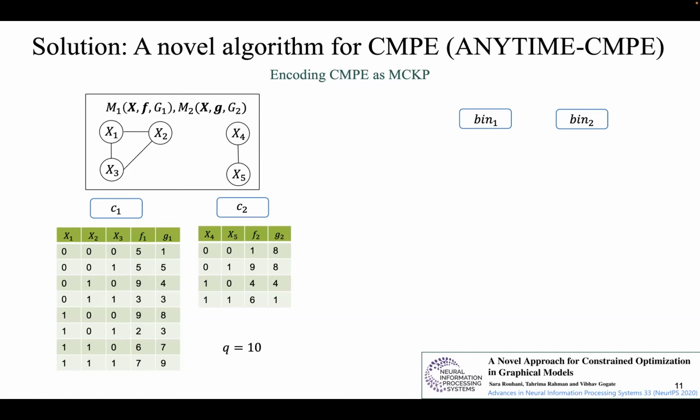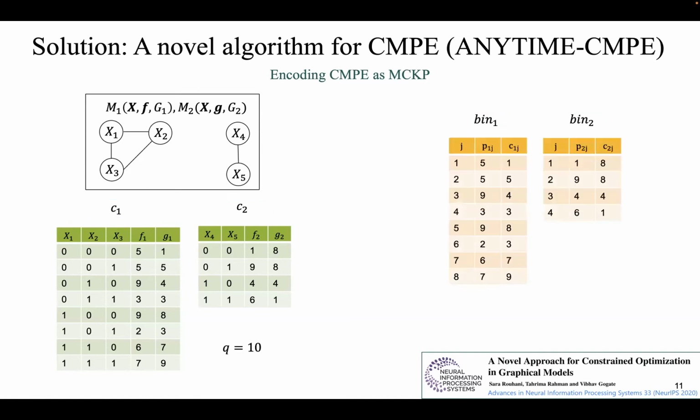Then for each component, the encoding creates items with costs according to the two functions f and profits according to the g functions. The first graphical model M1 is used to create these profits, and the second graphical model M2 is used to create these costs because the costs are associated with the constraints. The capacity of the encoded knapsack is equal to Q, which in this case is 10.